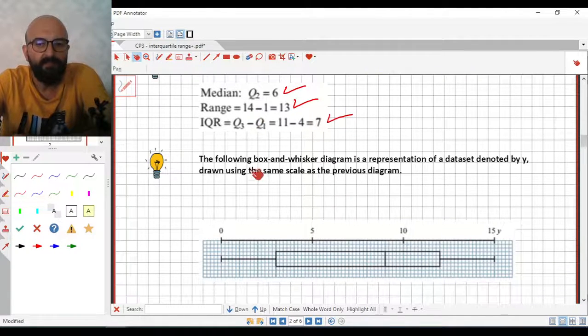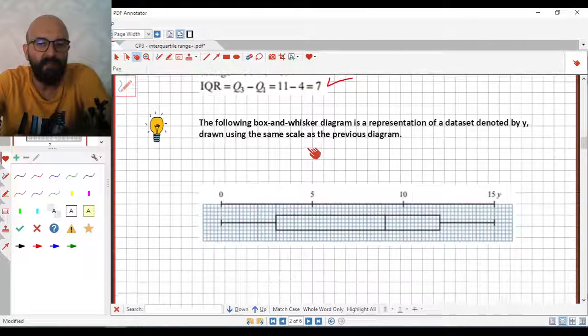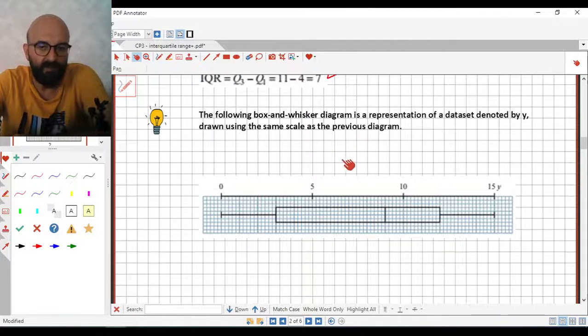And then the following box and whisker diagram is a representation of a dataset denoted by Y, drawn using the same scale as the previous diagram.